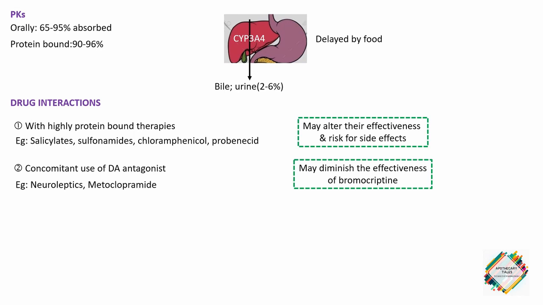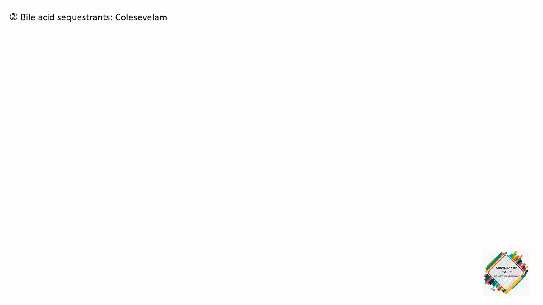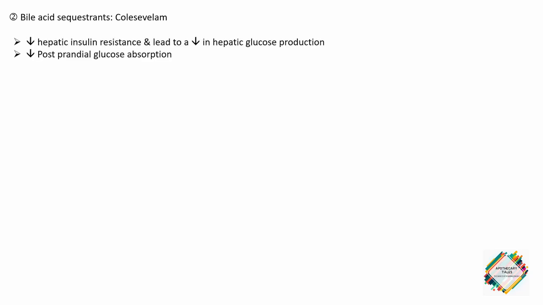Now talking about colesevelam, which is a bile acid sequestrant, it is mainly decreasing the hepatic insulin resistance and leads to a decrease in hepatic glucose production, as well as a decrease in postprandial glucose absorption. Now colesevelam is thought to be a portal glucagon-like peptide 1 secretagogue with primarily hepatic effects.